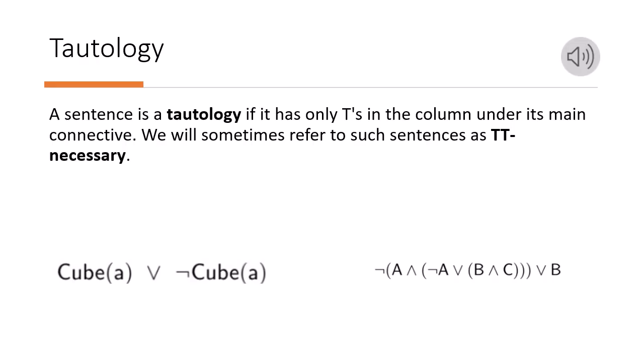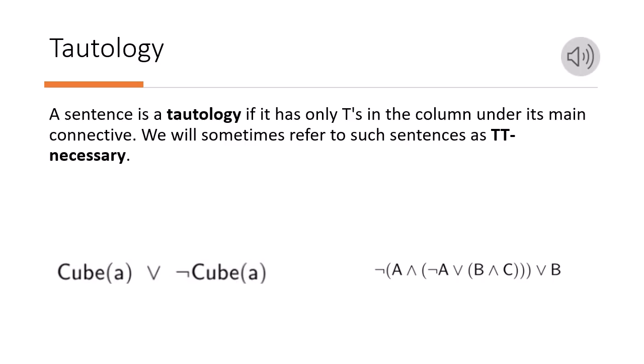And then a second sentence built up from the atomic sentences A, B, and C is analyzed in the textbook. And I think that's a really good analysis. So if you haven't already looked through that particular analysis, you should look through it and check out that truth table. But when we constructed the truth table for that first sentence, the one with cube A in it, we found that we always got T's.